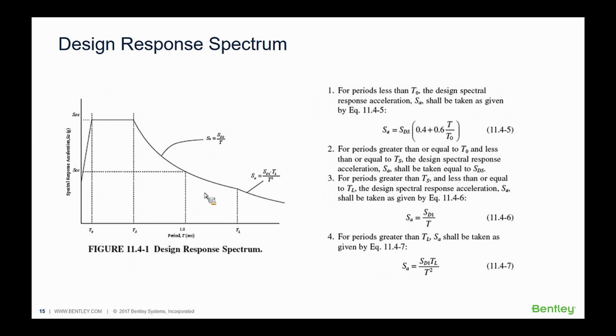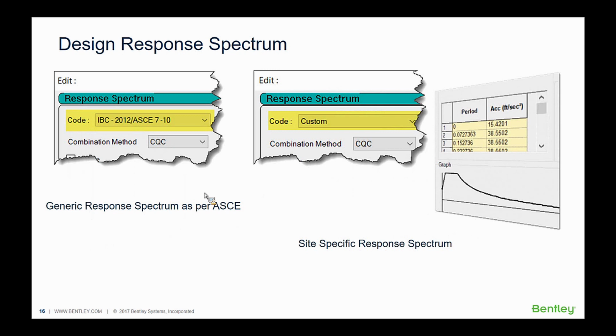The ASCE provides guidelines on generation of design response spectrum in section 11.4.5 of the code. In absence of site-specific response spectrum data, one can make use of this. The equations on the right-hand side define each section of the spectrum. This response spectrum generation is automated in STAAD.Pro.